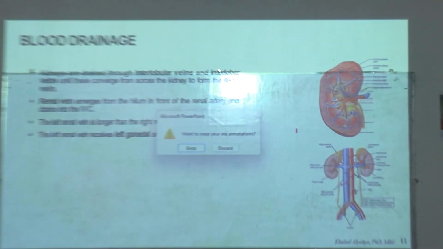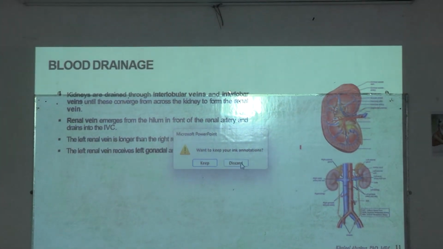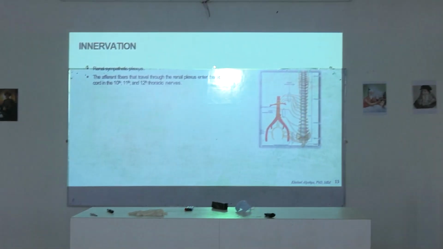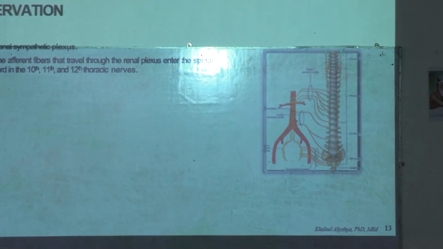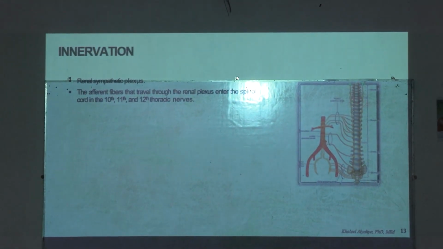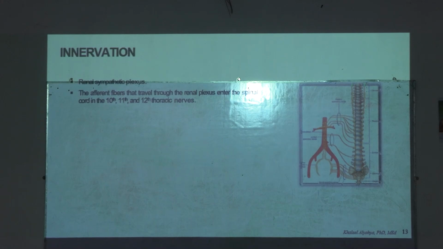Now, what is the nerve supply? Sympathetic is coming from the thoracolumbar region, from T9 to L1 level, and parasympathetic nerves are coming and entering the abdomen as splanchnic nerves.